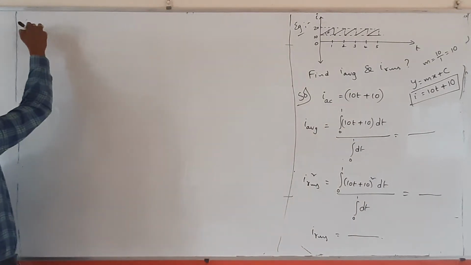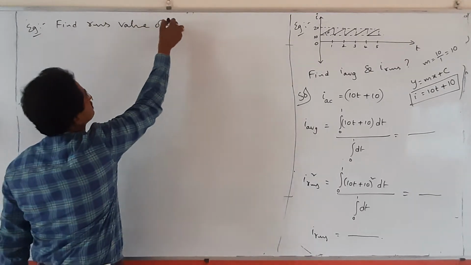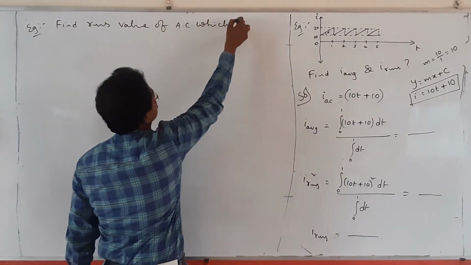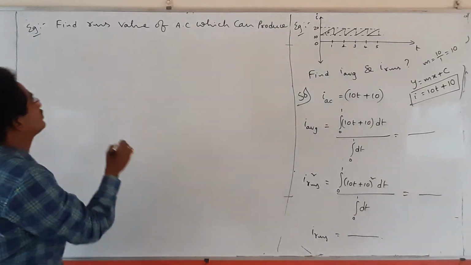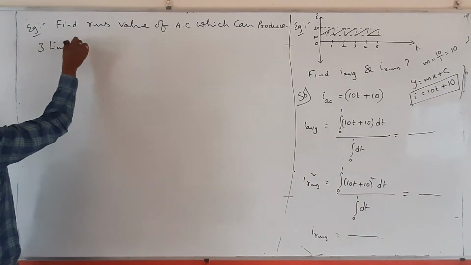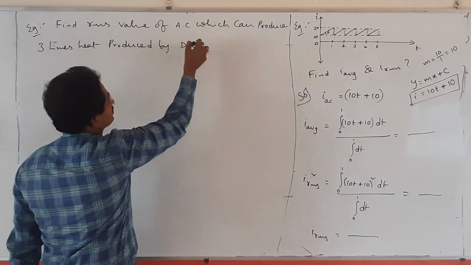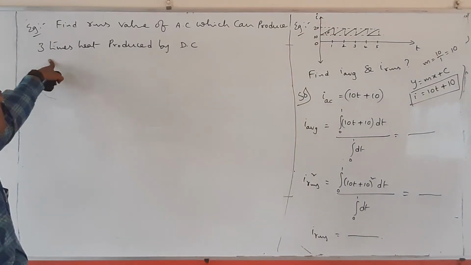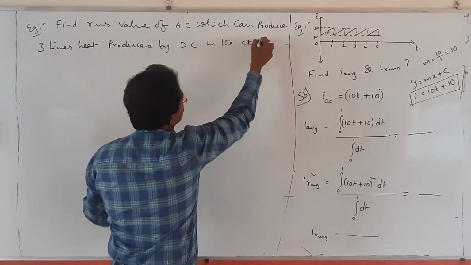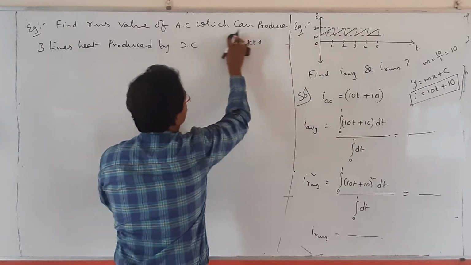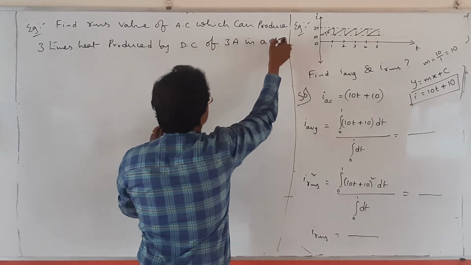Okay. Example problem. Find the RMS value of AC which can produce 3 times the heat produced by DC of 3 amperes in a circuit.